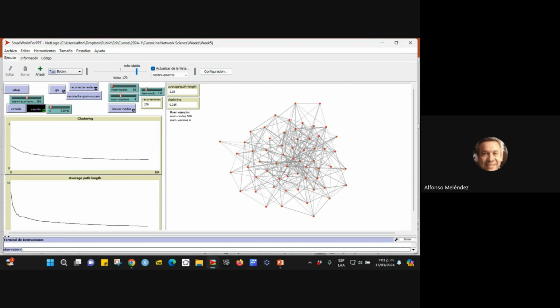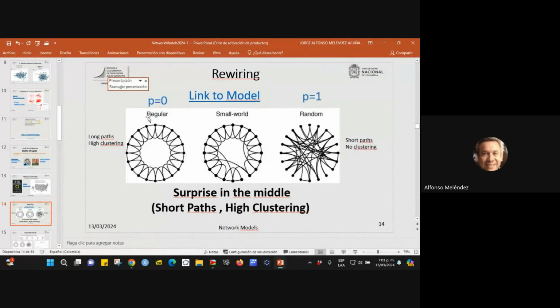This is a random network. Okay, there is, I don't know, a surprise in the middle. In the middle is the small world. This regular goes through a transition to a small world, and this small world goes to random.